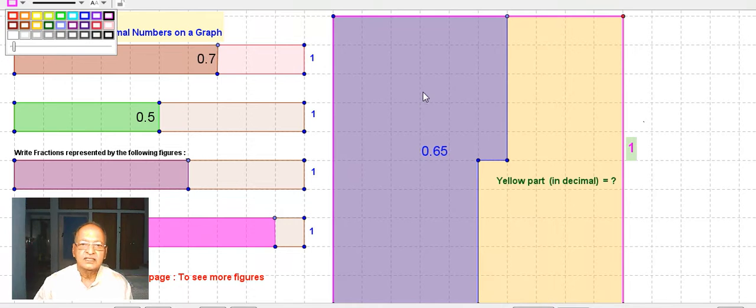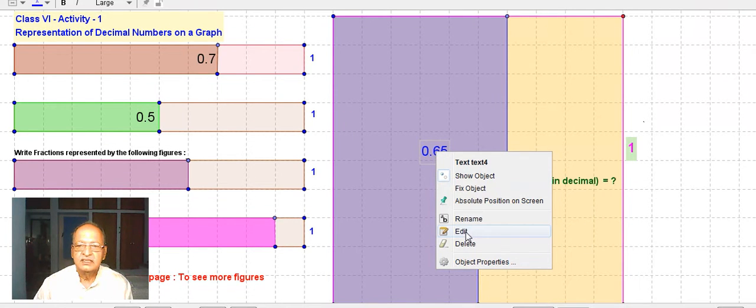This gray portion is out of 100. We have selected 10, 20, 30, 40, 50 and this is 55.